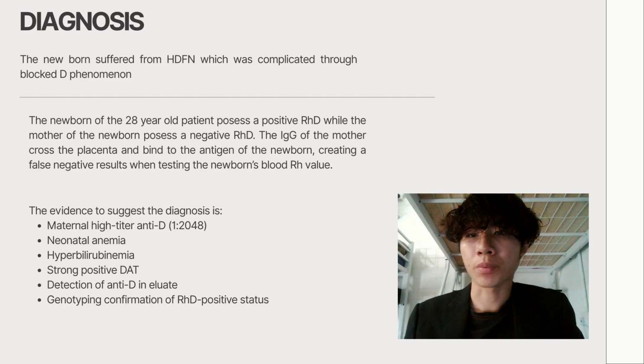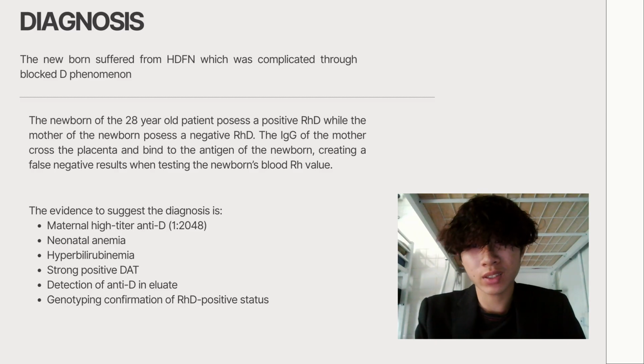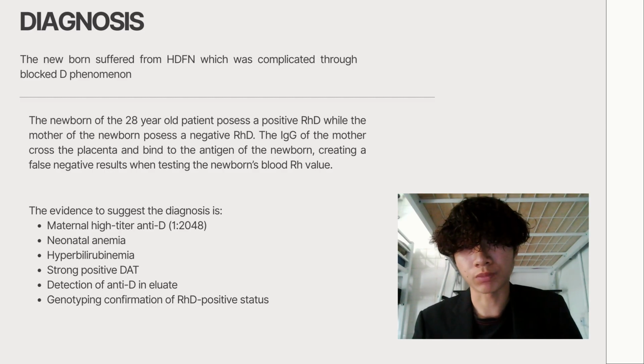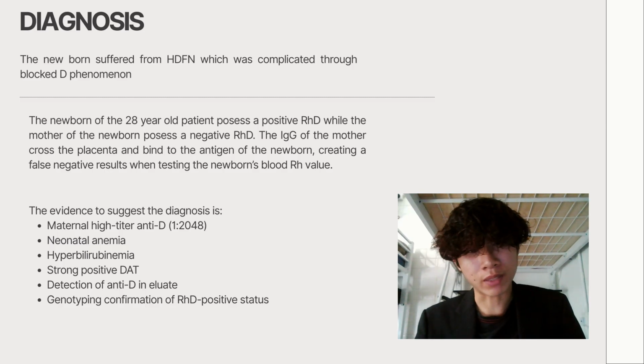And now I will be presenting the diagnosis, the pathogenesis, and the treatment for this case. Now, the diagnosis is a newborn from a mother suffering from HDFN, which is complicated by the blocked D phenomenon. The mother was RhD negative with a very high anti-D titer. The newborn presented with anemia and elevated bilirubin.